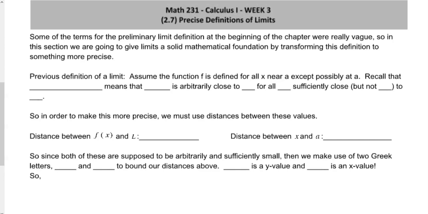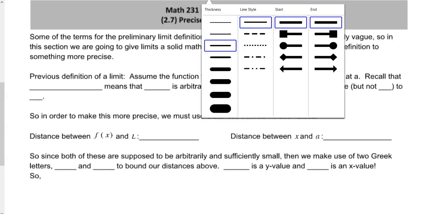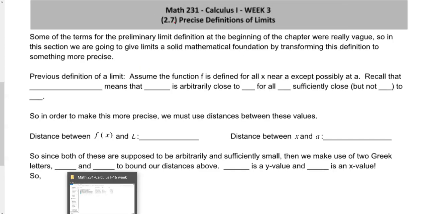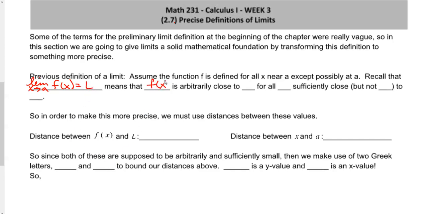For the previous definition of a limit, what we said was, assume that the function f is defined for every x value near a except possibly at a itself. And we want to recall that the limit as x approaches a of f of x equals L means that f of x is arbitrarily close to some number L for all x values that are sufficiently close but not equal to a.